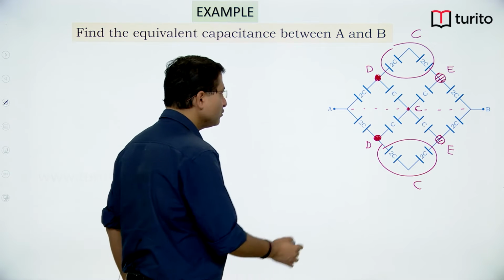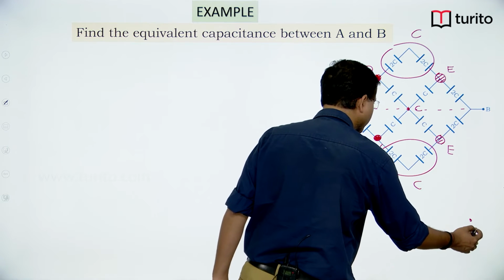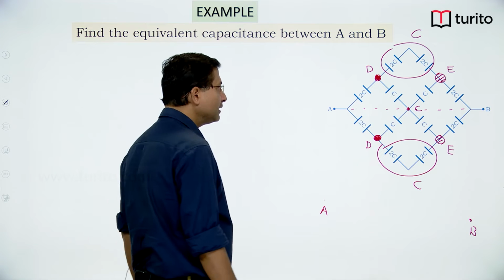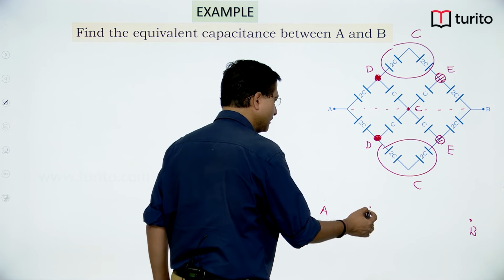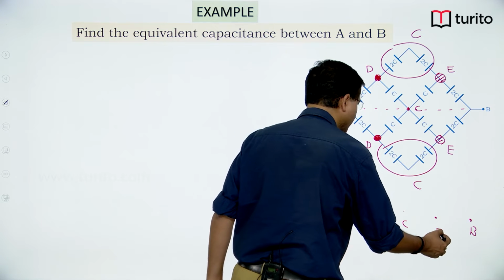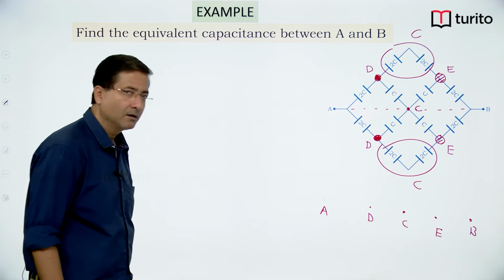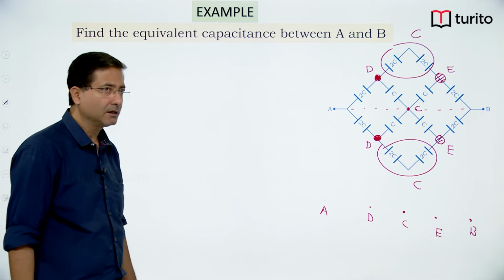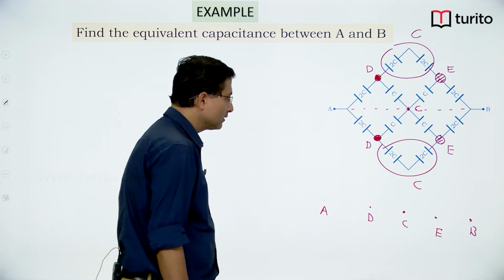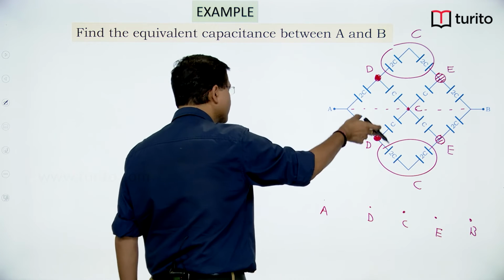So, A to B we need to reach, A to B, and in between we have D, D, C, E. Between AD, there are two capacitors.